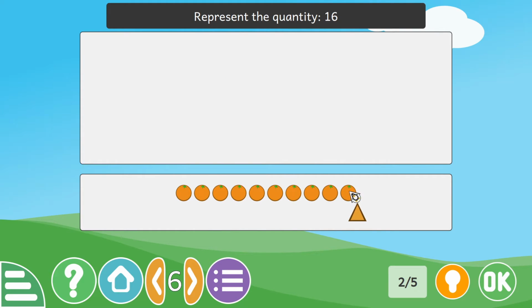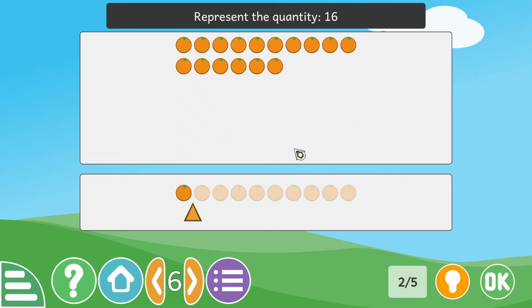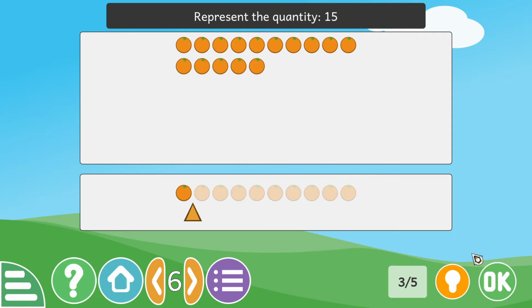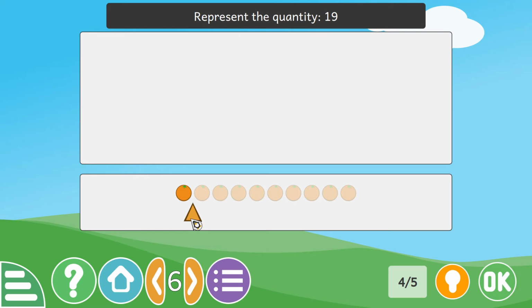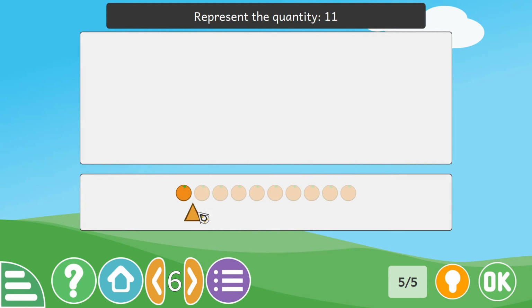To give them 16, I give them 10, and then another 6. 15 is 10 and then 5, and 19 is start off with 10 and then go with 9. 11 is 10 and 1.